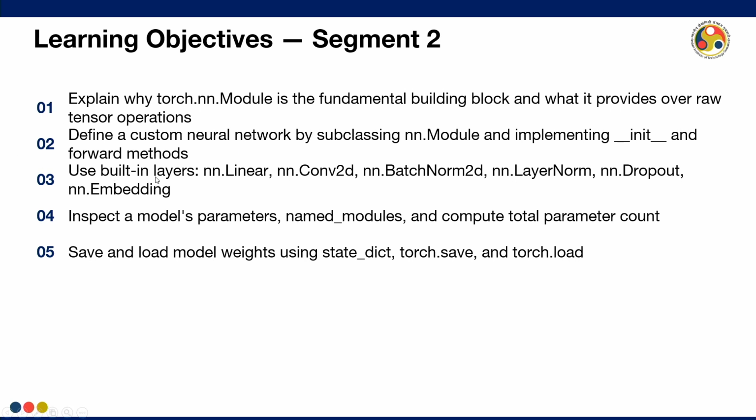We will use the built-in layers. As you know, neural networks are built on different types of layers based on what type of neural network you are trying to deploy or implement. And here we will use built-in layers, and also we'll see how to inspect model parameters, modules, named modules, and compute the total parameter count, which is required to know the size of your model in the end.